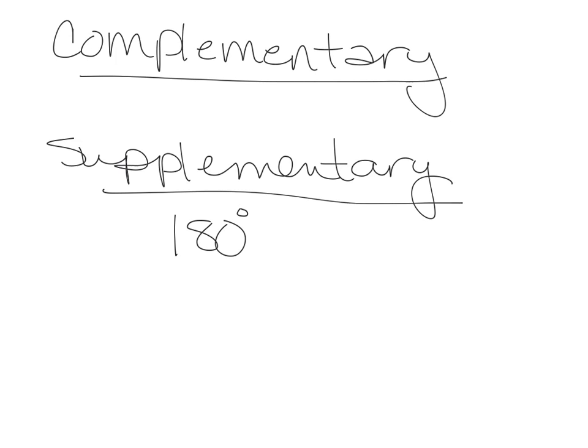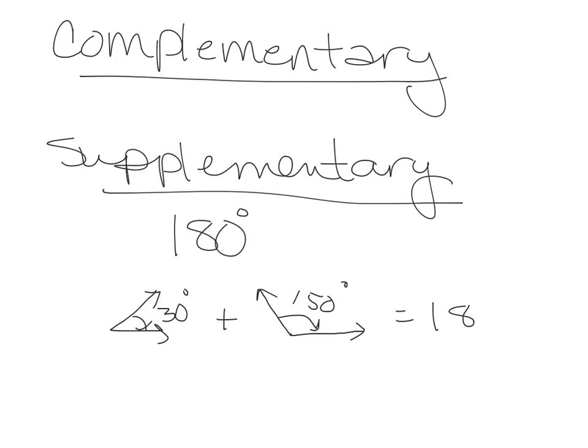So if I have a 30 degree angle, let's say that's 30 inside there, and I have one that is 150 degrees, if I add those two angles up, they add up to 180 degrees, so they are supplementary. Complementary means that they add up to 90 degrees.